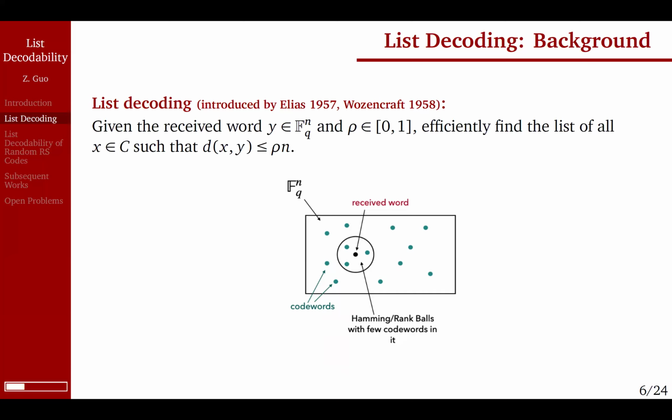The idea is that we give up uniqueness, but we want the list size to be small. By allowing a small number of codewords, we can go much beyond half of the distance. One example is a spell checker. When you make a typo, the spell checker will return a list of suggestions, but not too many. That's an example of list decoding.